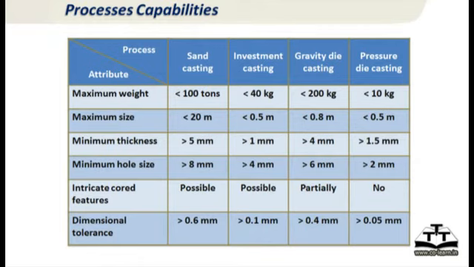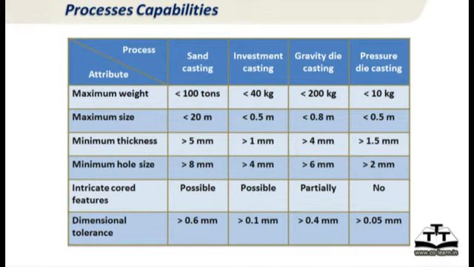But if you keep coming down, and if you look at, let's say, minimum wall thickness, remember these are generic values. A particular foundry in Gujarat says, oh, I have produced up to 0.75 millimeter minimum wall thickness in investment casting. So every foundry has their own different limits. So these limits are generic limits and safe limits. You can go below this or above this depending on your foundry.